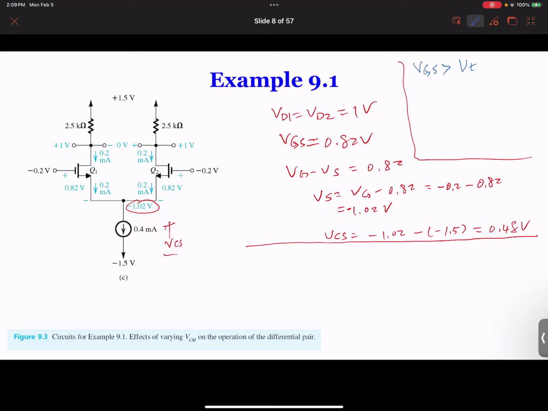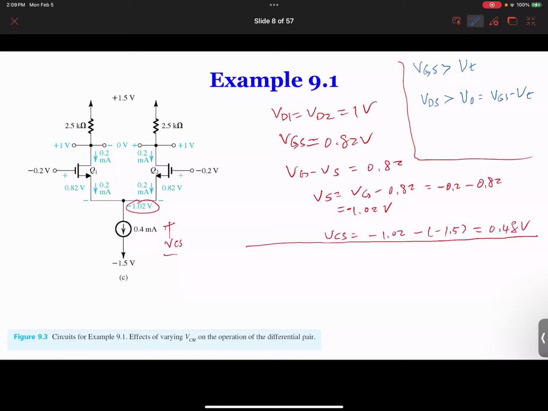That's the first condition. And the second condition is VDS has to be larger than VO, and VO is VGS minus VT. So in this example, the VT is given by, let's see, example 1. Okay, so VT is given at 0.5, and KWL is 4.